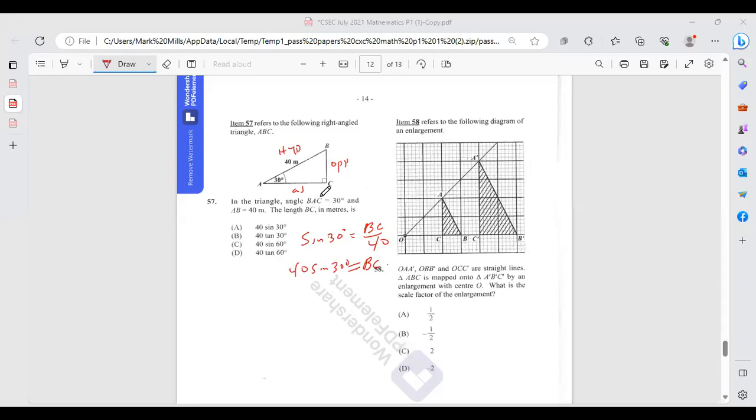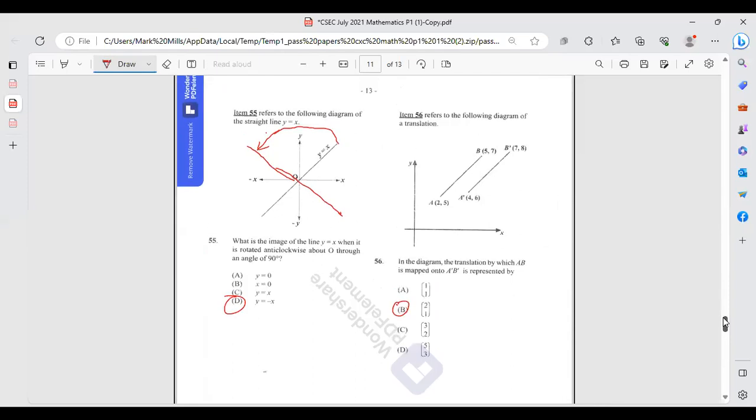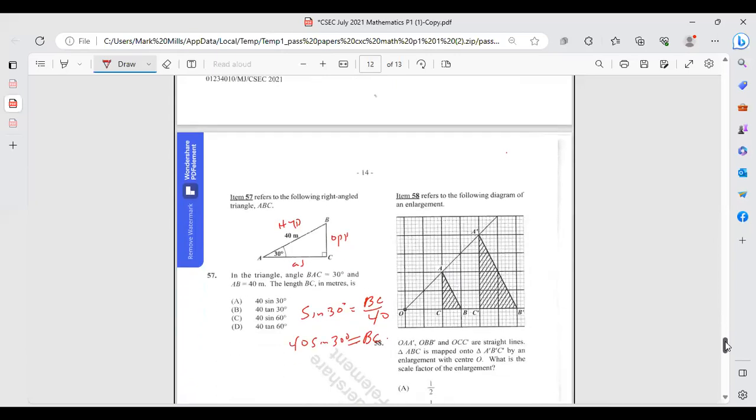Somebody wants to see 55 and 56. 55 is D and 56 is B. All right, somebody asking 57 is B. No. 57 would have been sine, it would have been A. 40 sin 30.